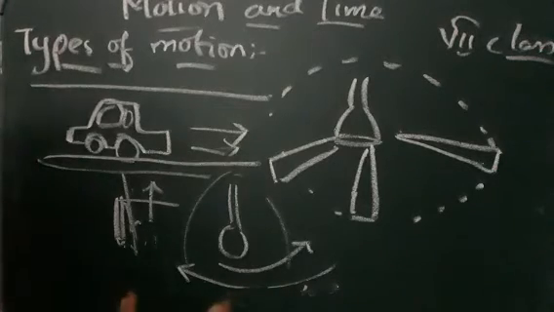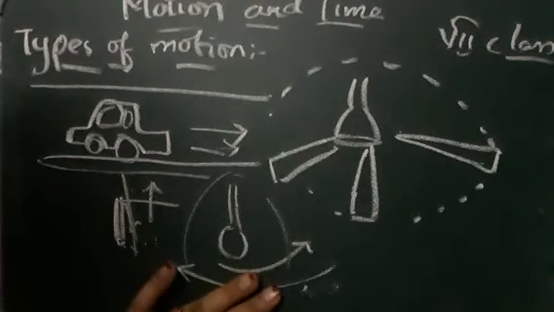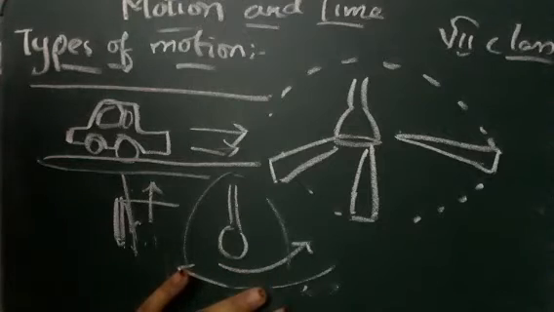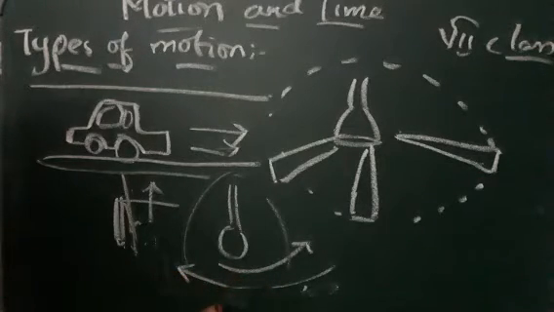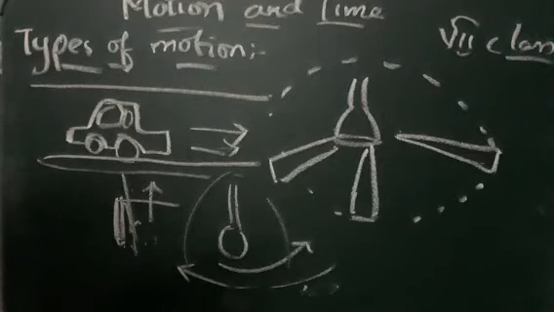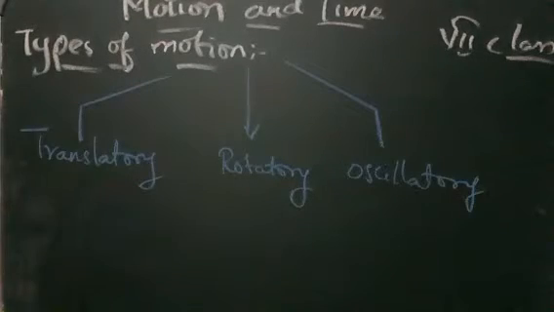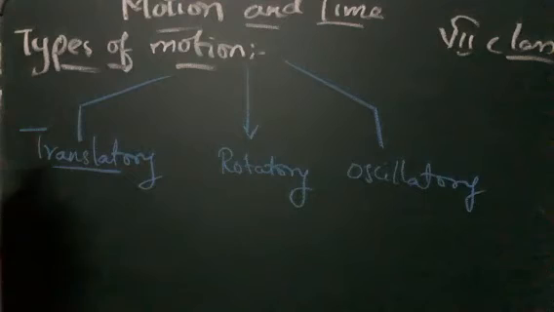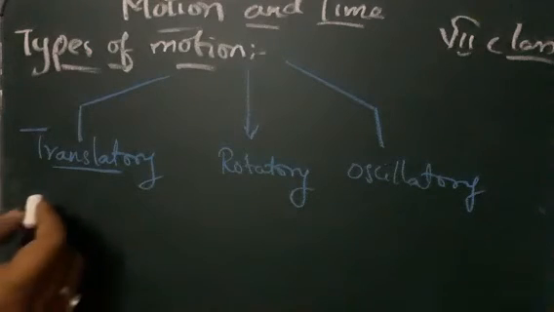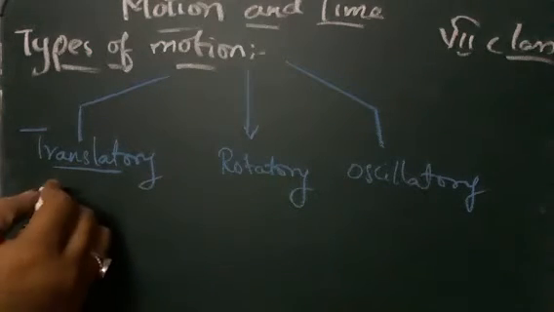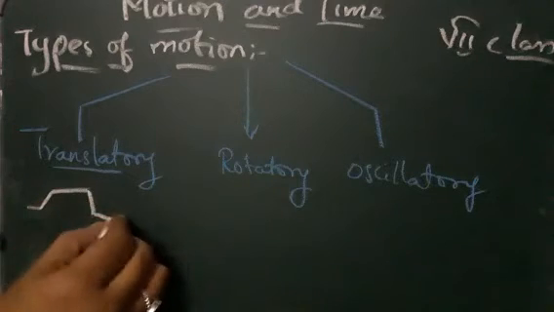Yes, now based on this path we classify the motions into translatory motion, oscillatory motion, and rotatory motion. Three types of motion. So translatory motion is nothing but when all the parts of the body are moving in one direction. Suppose a car is there, it is moving in one direction, isn't it?